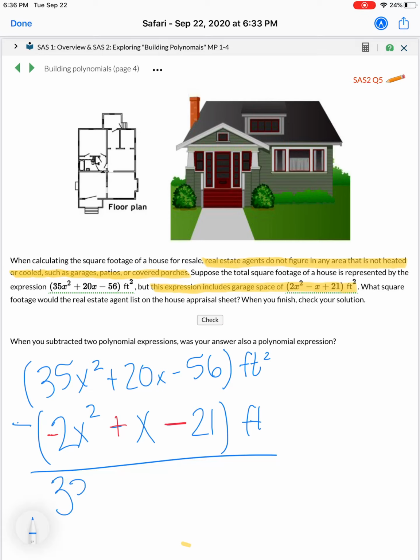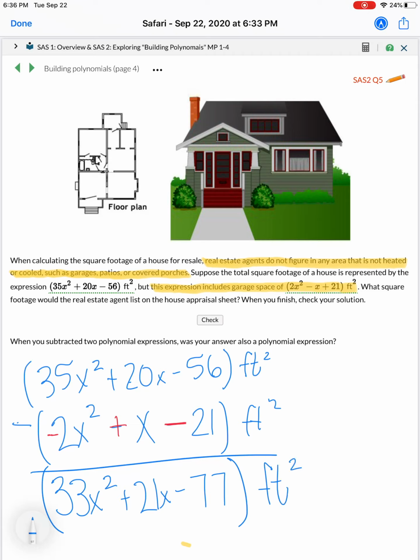35x squared minus 2x squared is 33x squared. 20x plus 1x is 21x. And negative 56 minus 21 is negative 77.